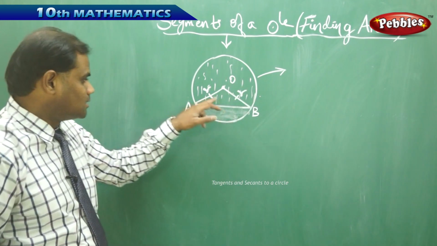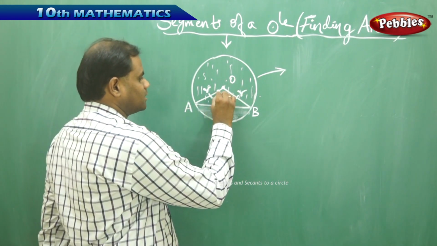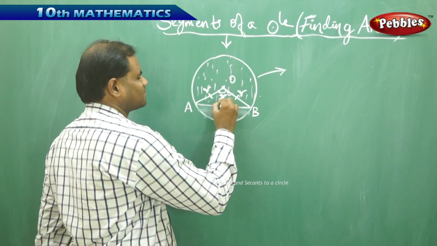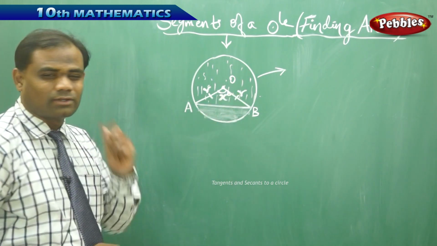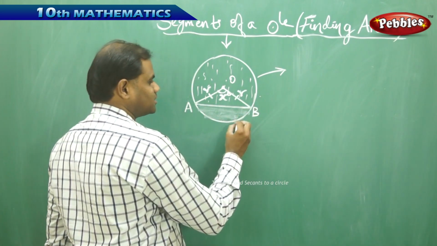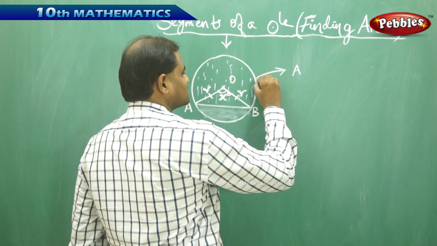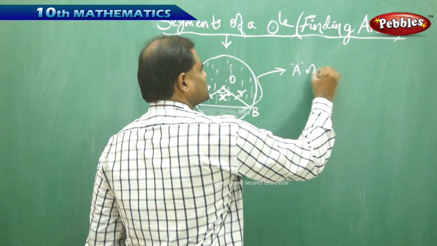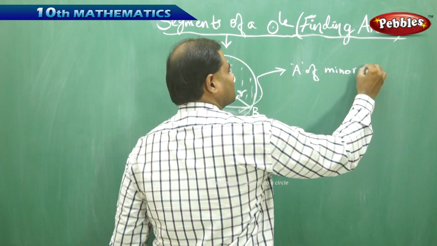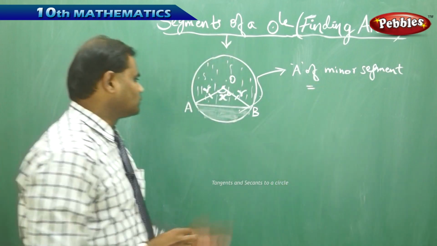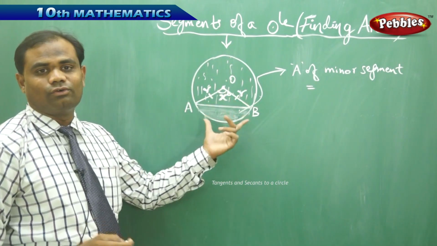Radius of the circle is R, and let me take the angle subtended at the center as x degrees. As I clearly see, the minor segment is the shaded region here. Therefore, the area of the minor segment is given by the area of the whole sector minus the area of the triangle.